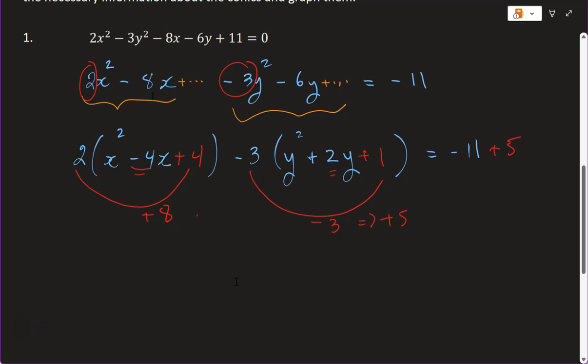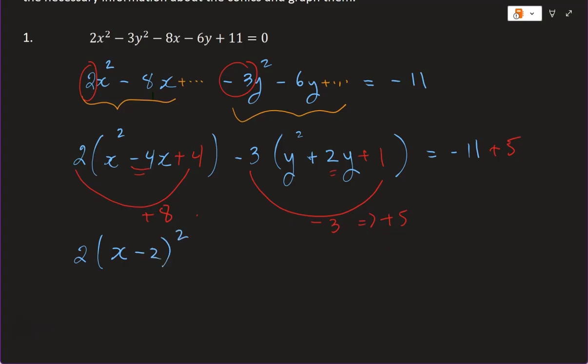Okay, so now that we have this, we need to rewrite it and put it into binomials squared. So we get 2 times (x minus 2) all squared, and it is minus because of that negative. And then we rewrite the other one: negative 3, open the bracket, that's (y plus 1) all squared.